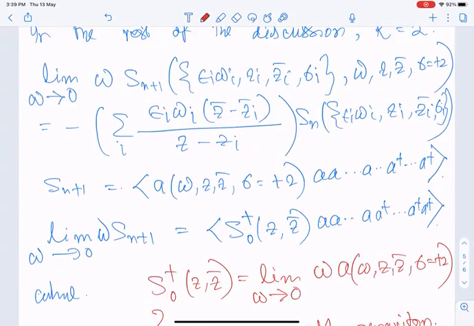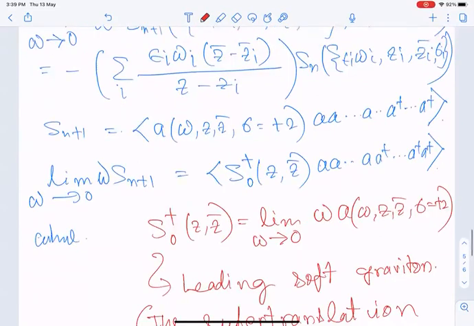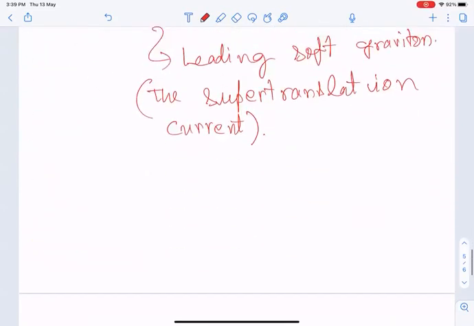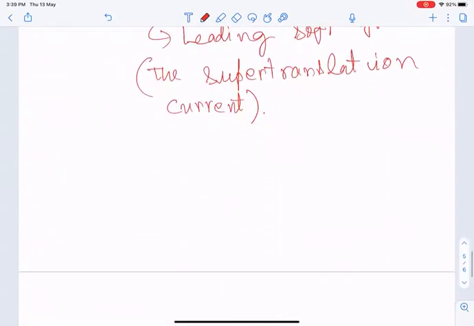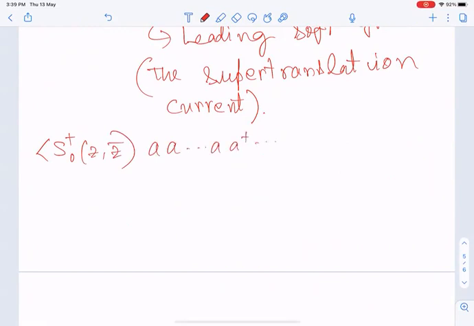In order to see that, it is actually best to go to the spatial sphere. So basically, we can write this object as S plus 0 z bar, and then you have a bunch of creation annihilation operators for the hard particles.